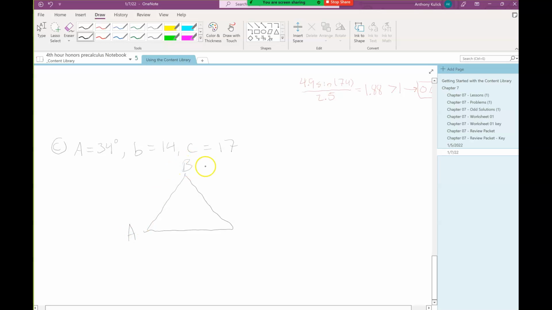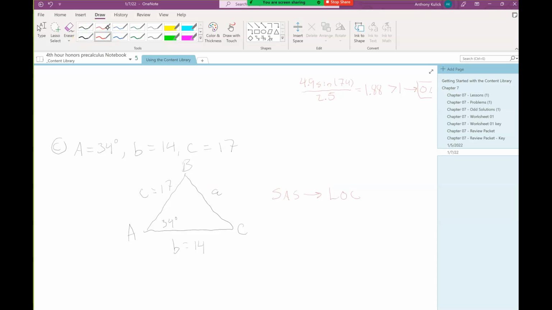Pretty obvious that the angles are going to be A, B, and C. So this is side-angle-side. That tells me I should be using the law of cosines. Oops, I guess I forgot to write the A there.